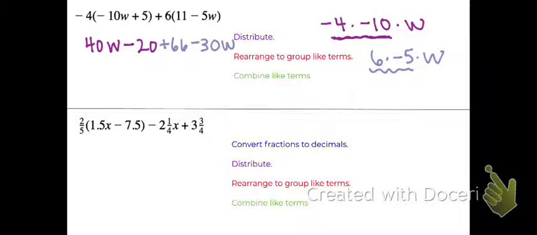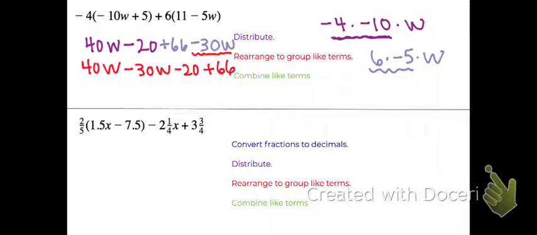So for example, I can put the 40w here, and I can put this -30w over next to the 40w. So I'm going to move that up to the front. And then I'm going to have my constants, so the -20 and the +66.